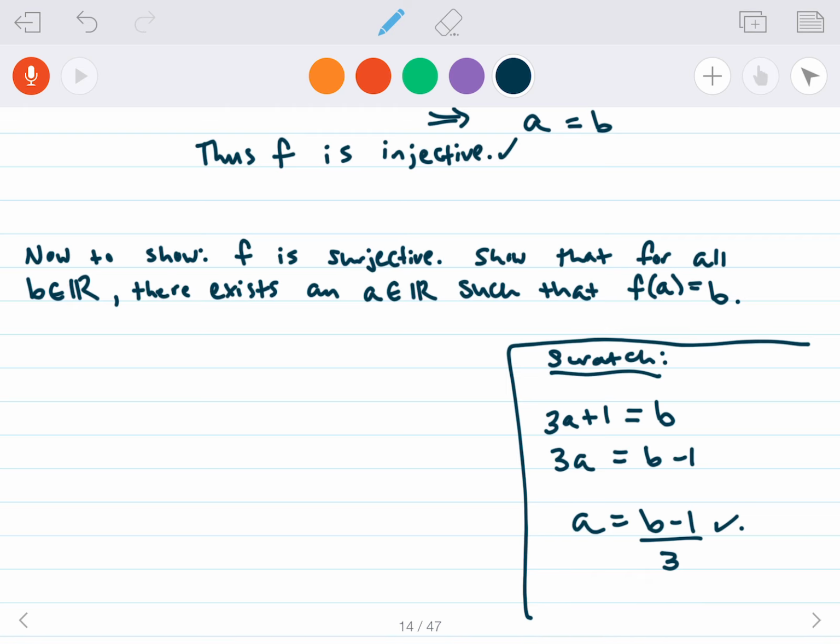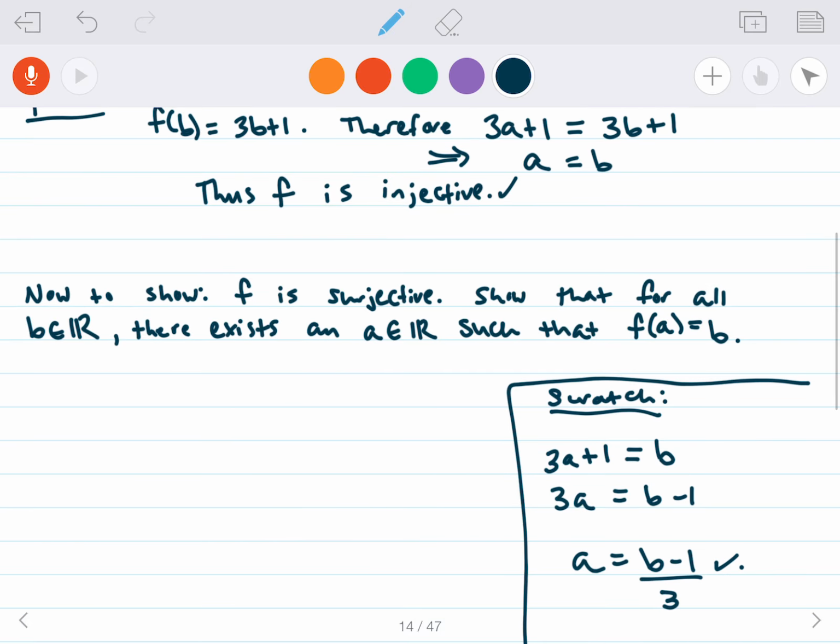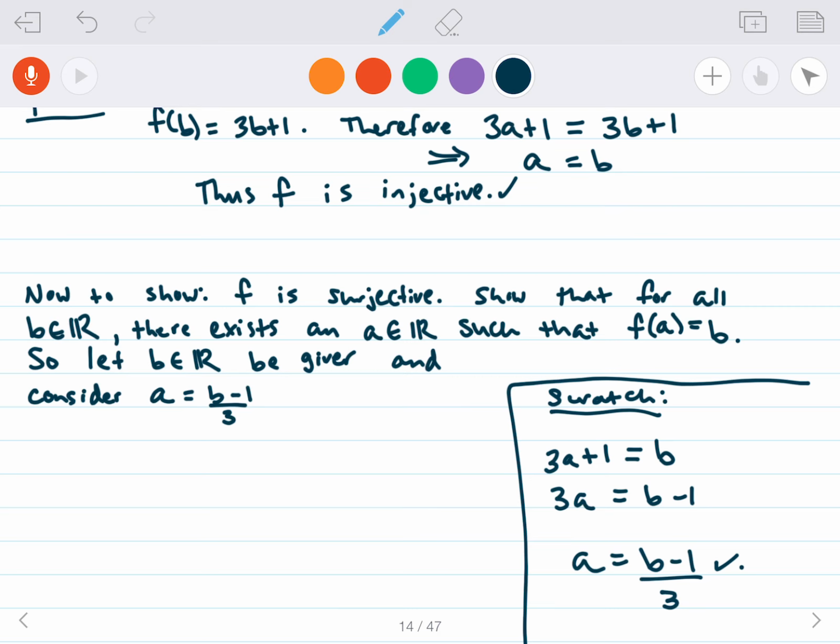So now back to the proof. Let b in R be given. And consider our a that we just found through our scratch work: a is equal to b minus 1 over 3. And of course this is in the real numbers.